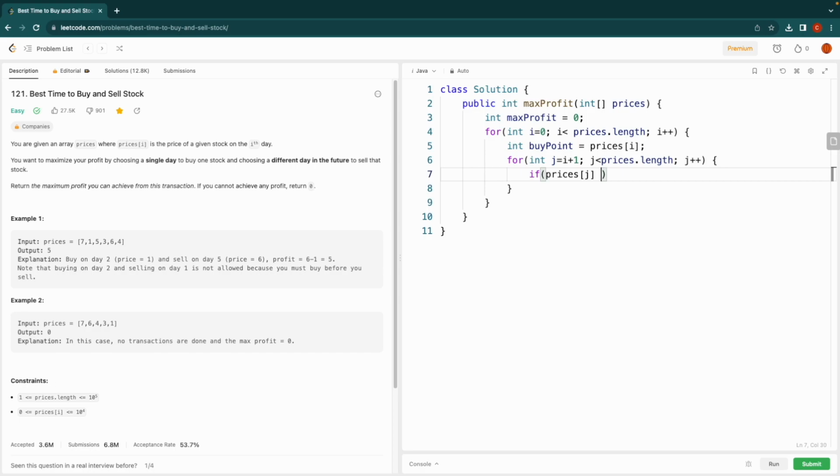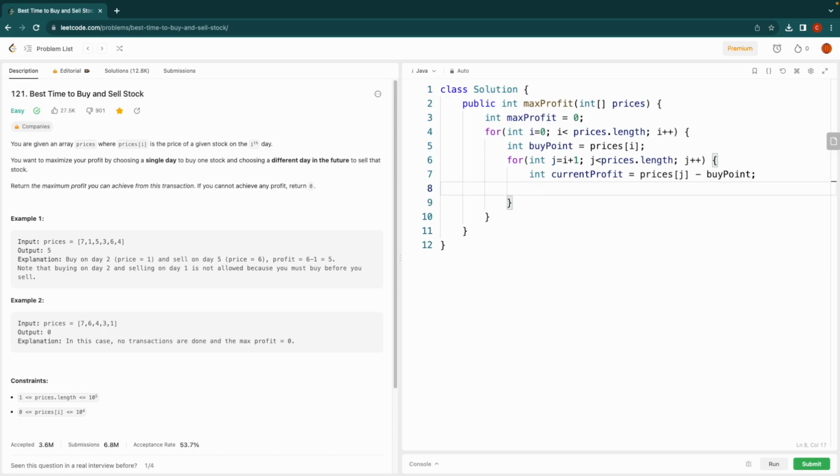So prices of j minus buy point, that is our current profit. Let's write it that way: current profit equal to prices of j minus buy point.